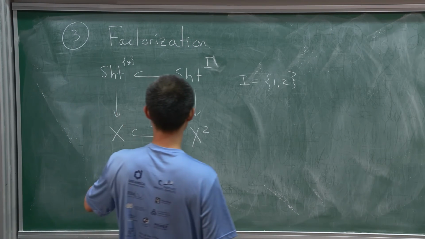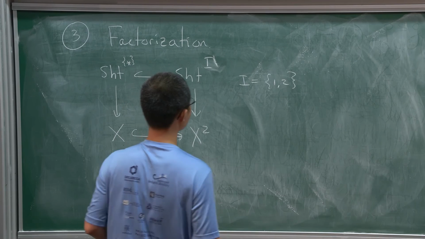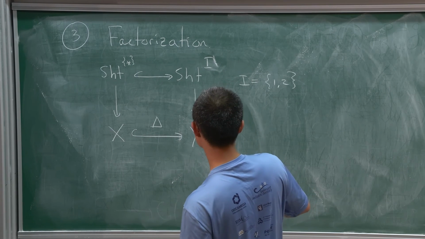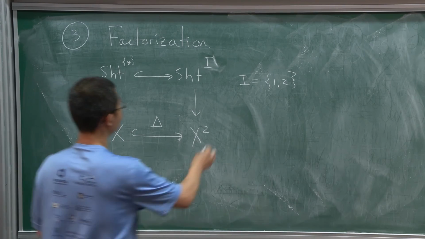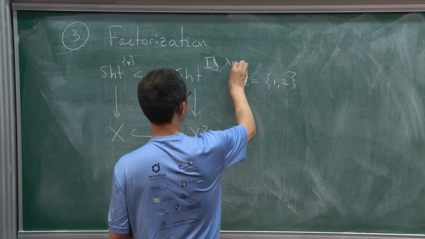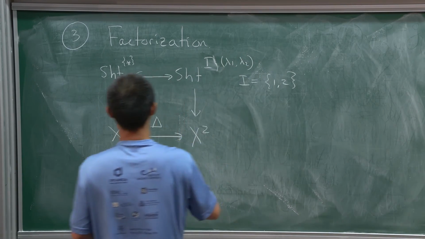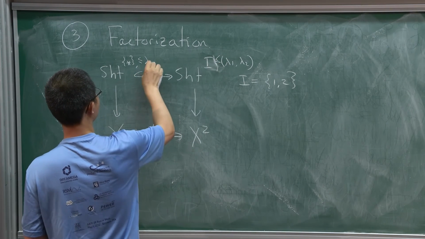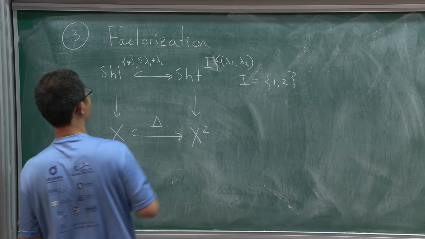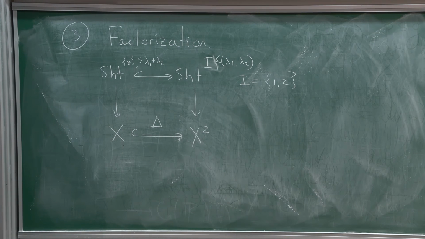Now if we consider bounds, then what happens is the bounds add when you go to the diagonal. So if you have lambda 1, lambda 2 here, the bound here will be less than or equal to lambda 1 plus lambda 2.